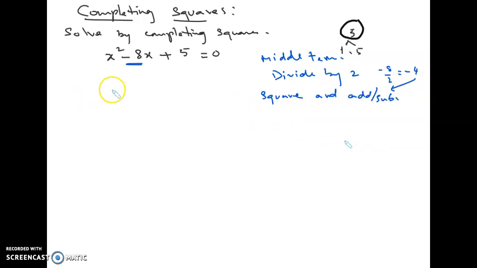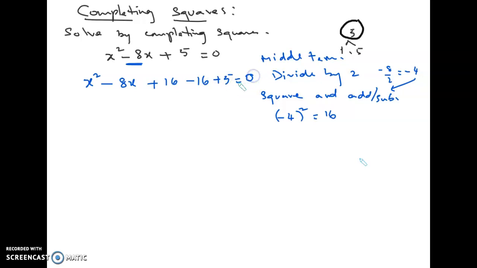Once we divide it, we got negative 4, so we're going to square it first, which is negative 4 squared, which is positive 16. That's what we're going to add. So this is x squared minus 8x plus 16, and then minus 16 plus 5 equals 0.